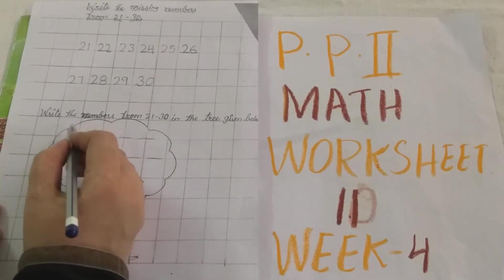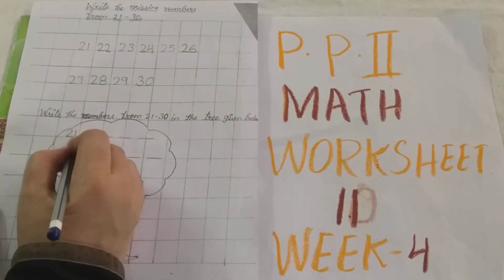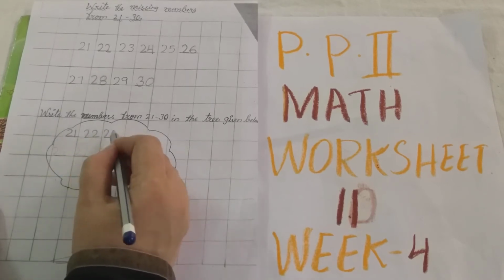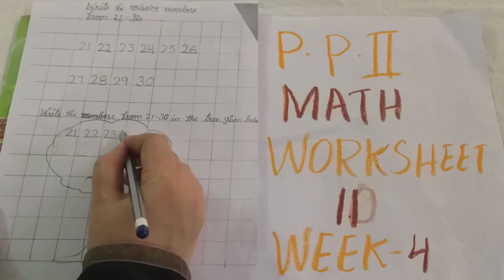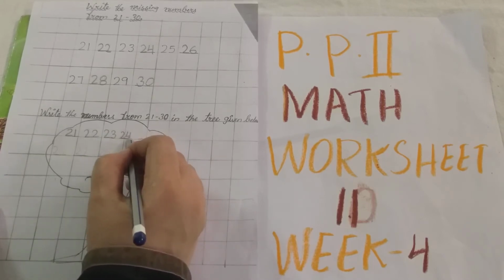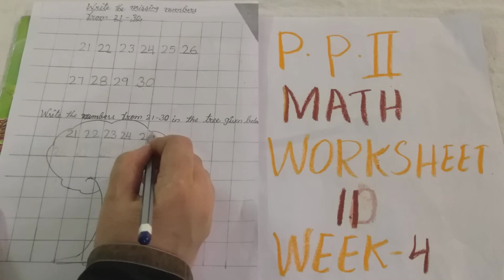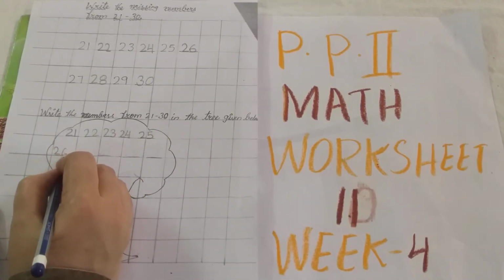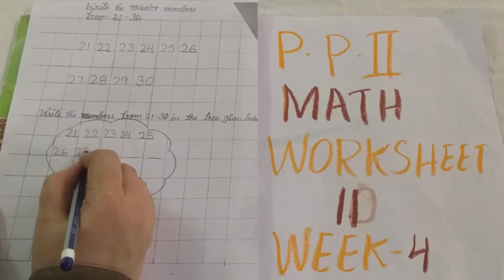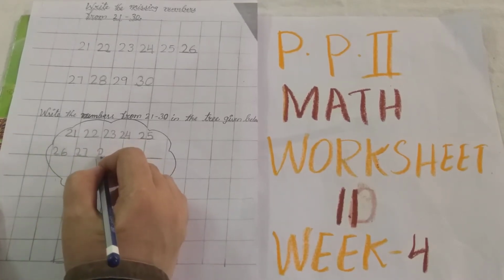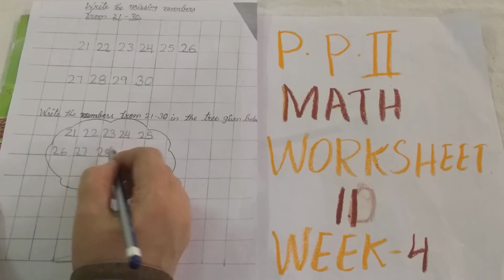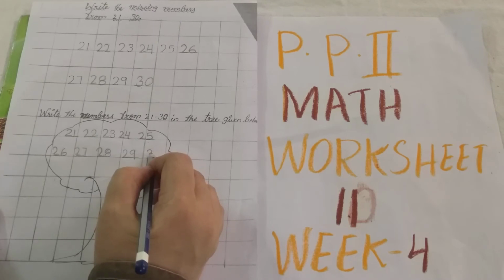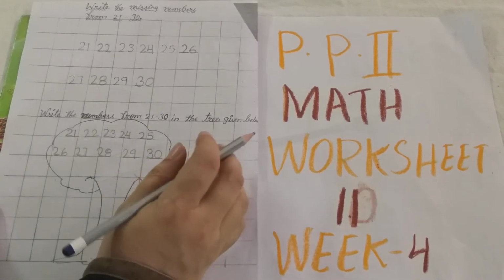Come on, start writing. 2, 1, 21. 2, 2, 22. 2, 3, 23. 2, 4, 24. 2, 5, 25. 2, 6, 26. 2, 7, 27. 2, 8, 28. 2, 9, 29. 3, 0, 30.